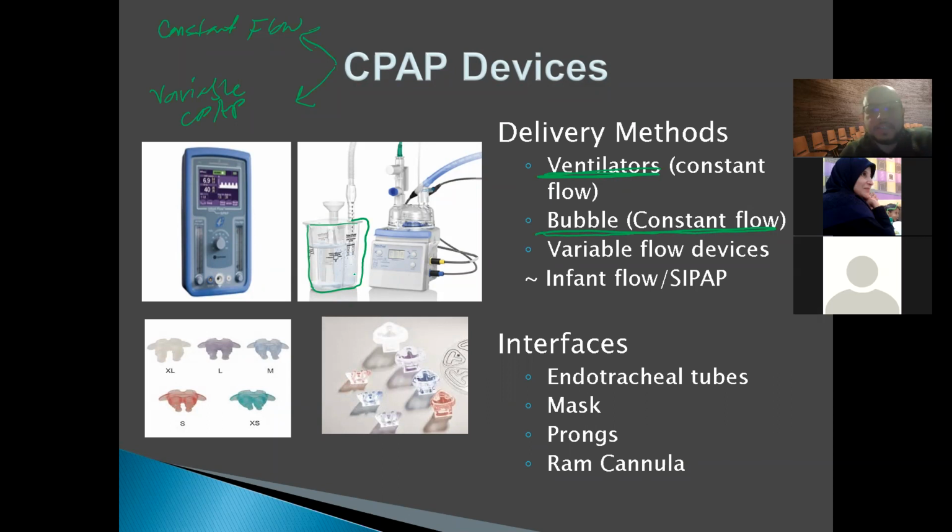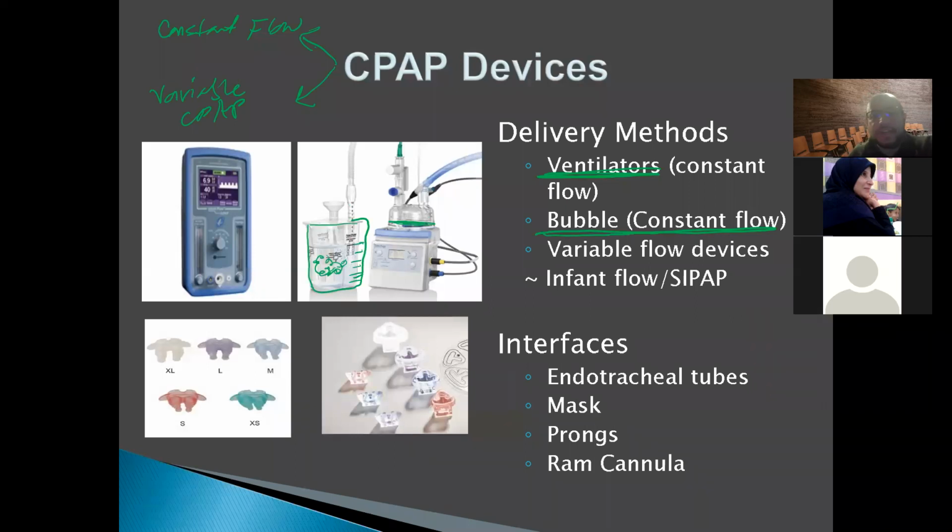Here it has the levels, so the water level is 1, 2, 3, 4, 5, 6, and so on. It is heated, humidified, and connected to the wall where there's a blender and flow. That's called bubble CPAP, named for the way it bubbles, and it gives constant flow in inspiration and expiration.